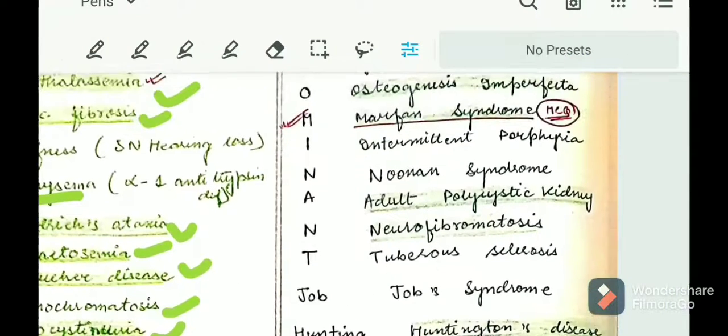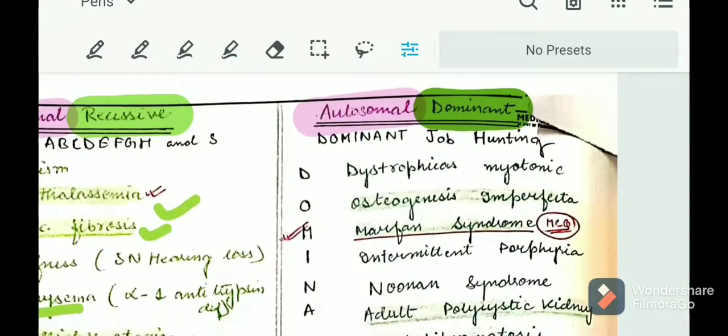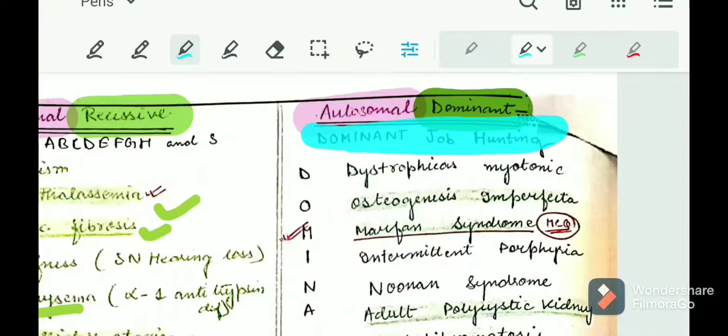Now let's see autosomal dominant. Here the mnemonic is dominant job hunting.